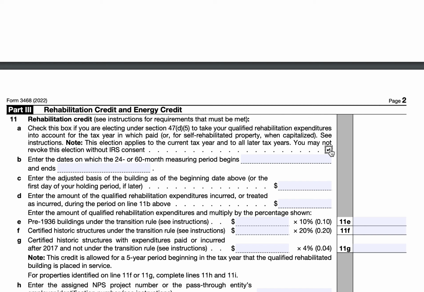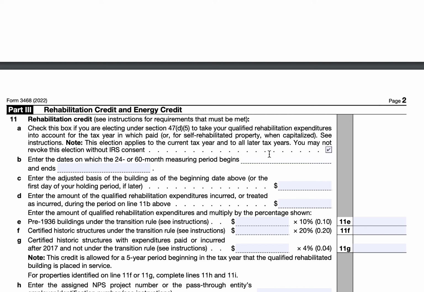But if you make that election in this year, then you can't go back and deselect that in future years because then you would be running the risk of taking the same credit twice for the same expenses. So you can't do that. Once you make this election, you cannot revoke it without IRS consent. So you'll enter the dates on which either the 24 or the 60-month measuring period begins.